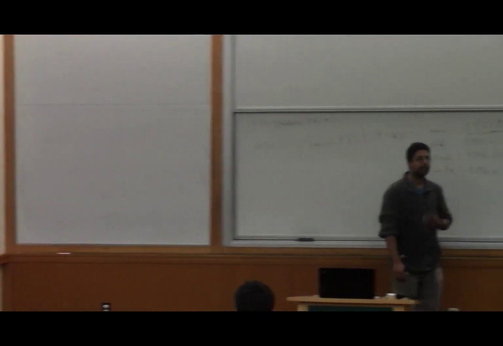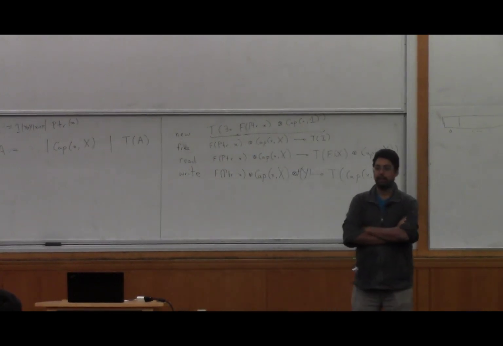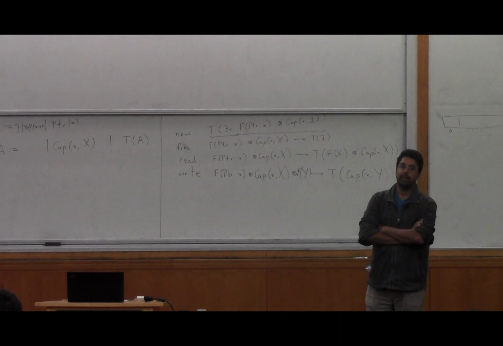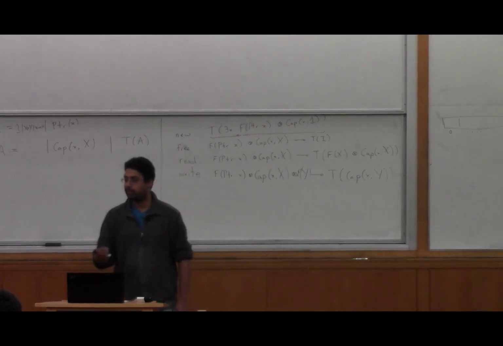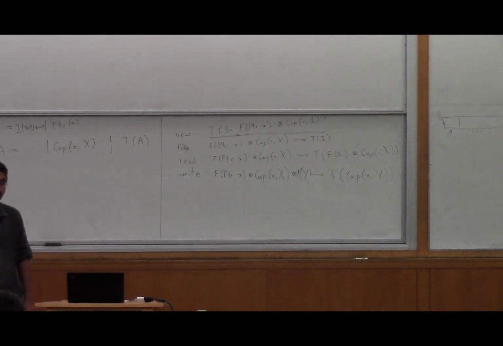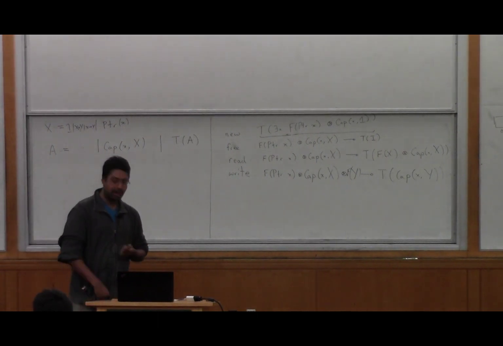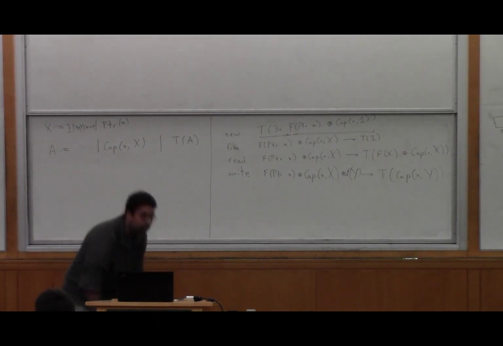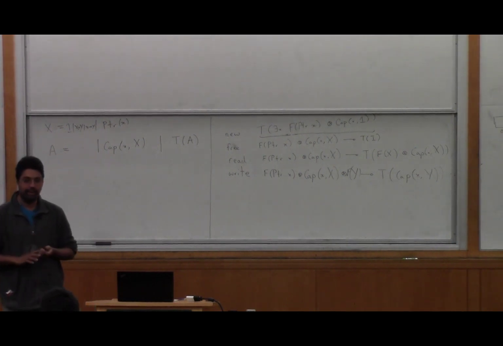So that's a good question, and the reason for it is, in a nutshell, linearity. In a language like ML or Java, when you get a pointer, you might not be the only person who has that pointer.